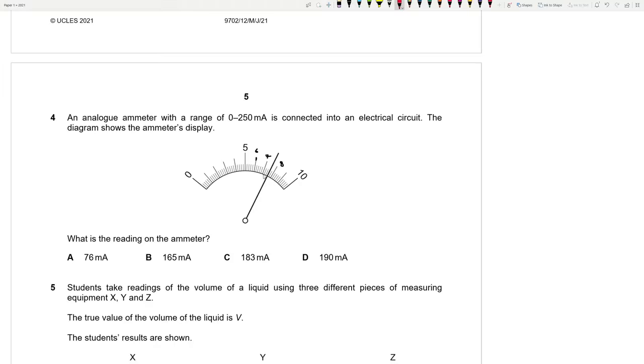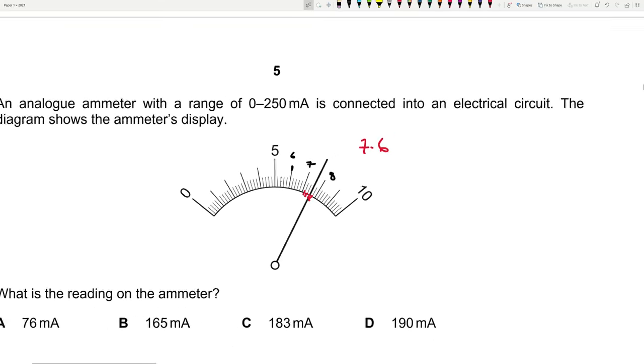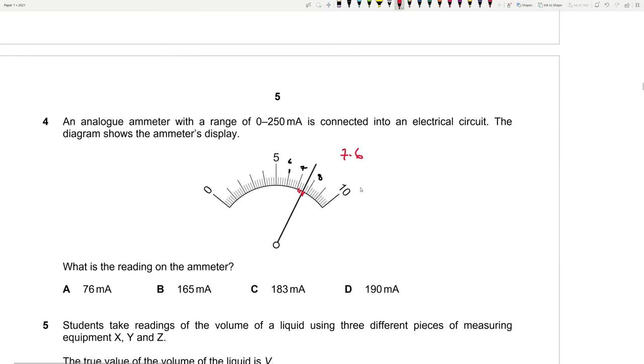So this is 7.2, 7.4, 7.6, 7.8, then 8. The analog reading is at 7.6, the third division. If you zoom in, you can see it properly. So guys, look at the whole reading.